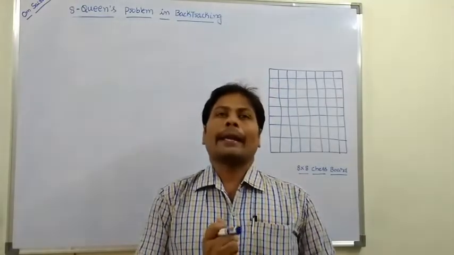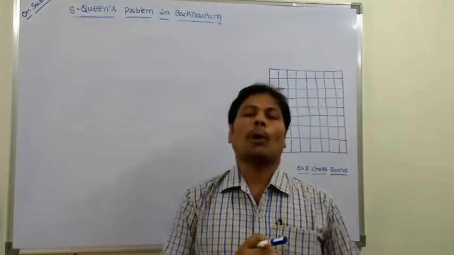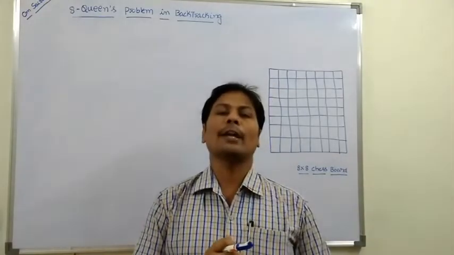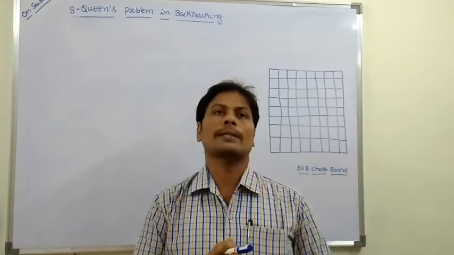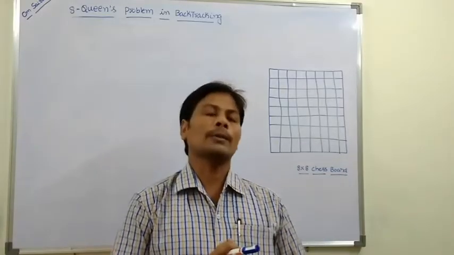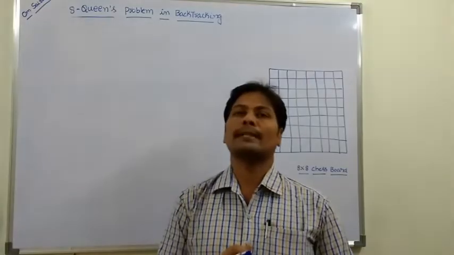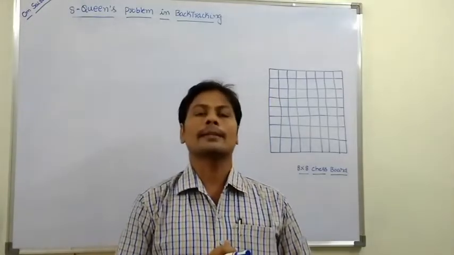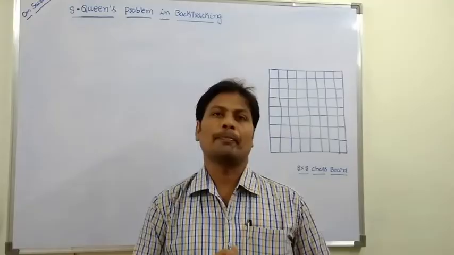In backtracking, for a given problem, we have to find all the solutions. All the solutions can be represented by using a state space tree.